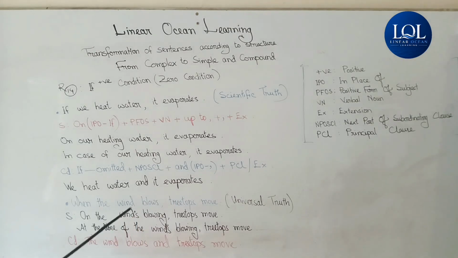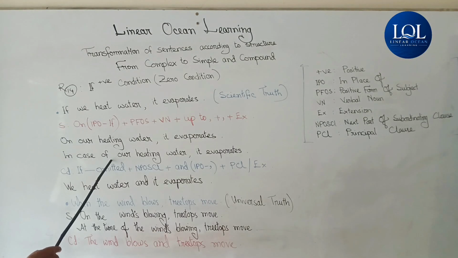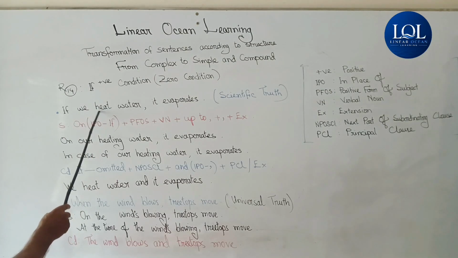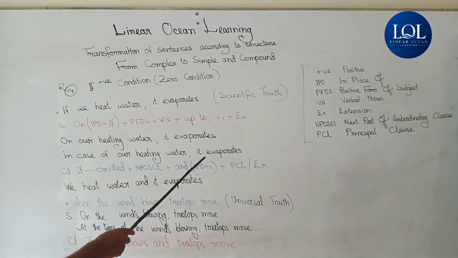We can make it simple in another way. In place of if, we can write in case of, then possessive form of the subject our, then verb ing or verbal noun, heating water, comma, it evaporates.